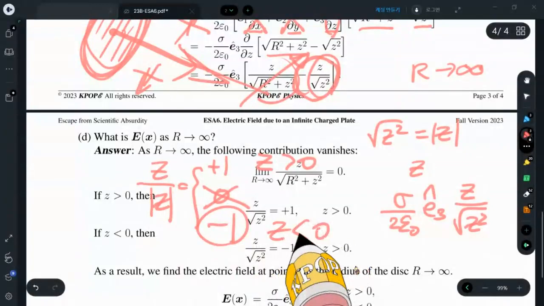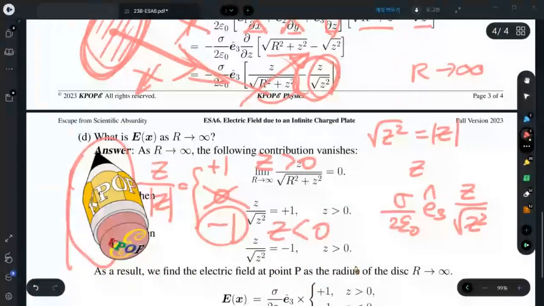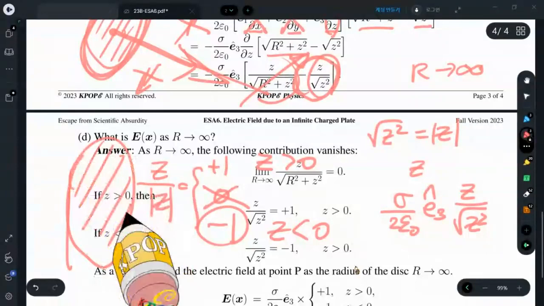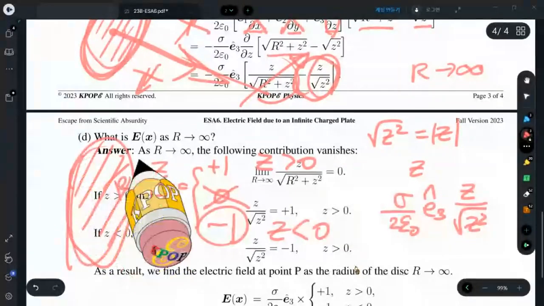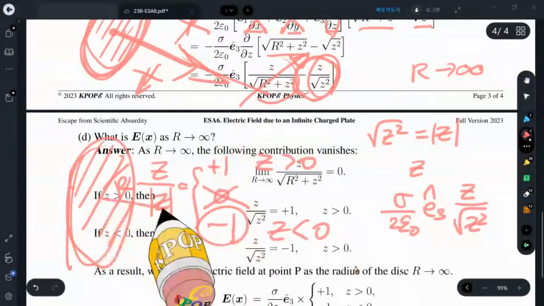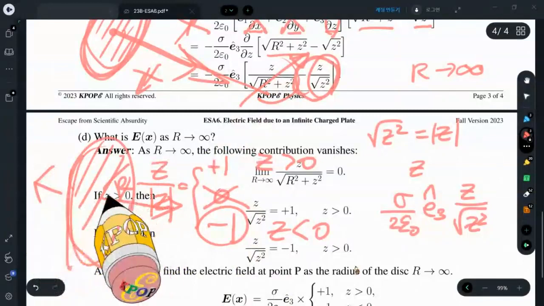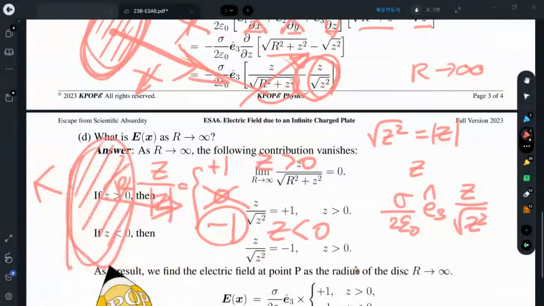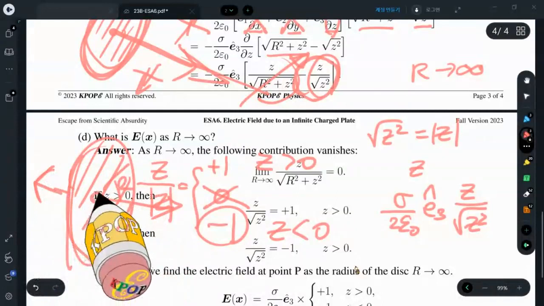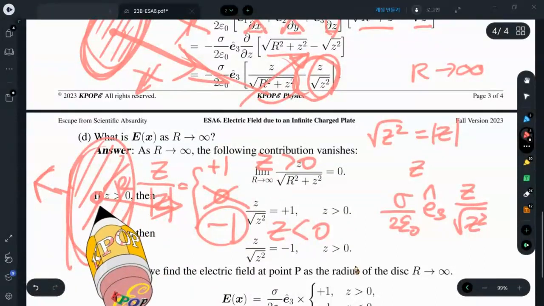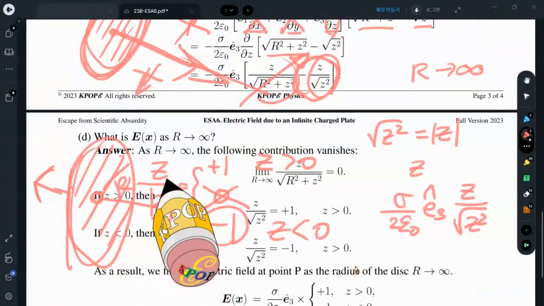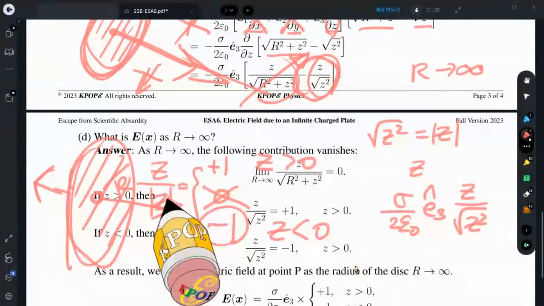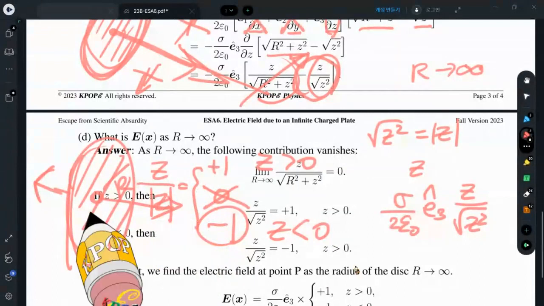So we have a very large plate, a circular plate whose radius diverges to infinity, then the electric field is emitted from the plate in opposite directions. And we know that the electric field at the center, we cannot compute this because it becomes 0 divided by 0.